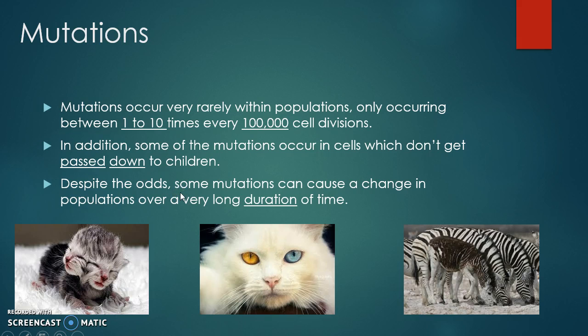All right, so let's get some of the ones we know already out of the way. Mutations occur very rarely within populations, only about 1 to 10 times every 100,000 cell divisions. But because we're made of billions and billions of cells, that does happen kind of often. And when these mutations are passed down to offspring, we see some pretty interesting things happen.